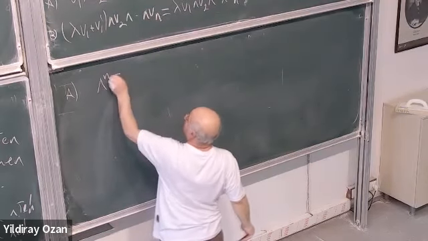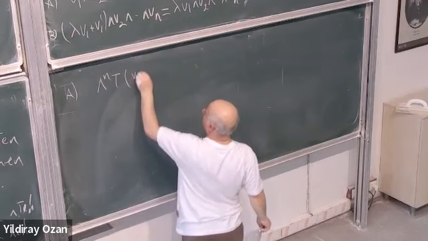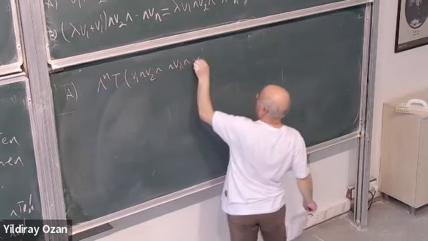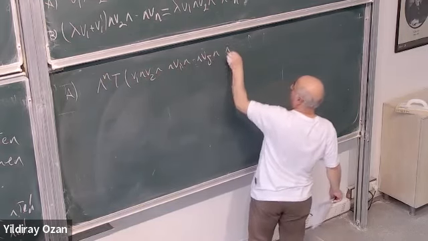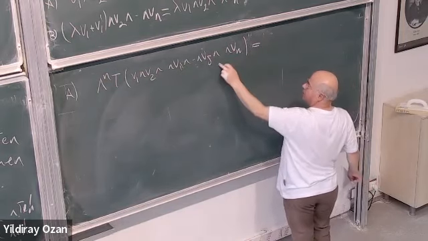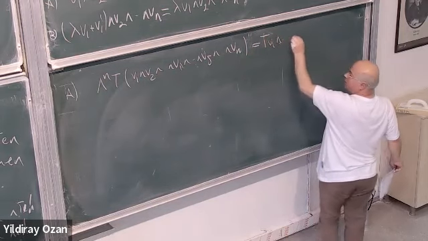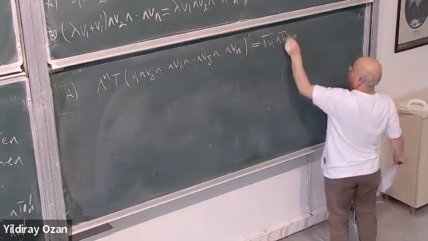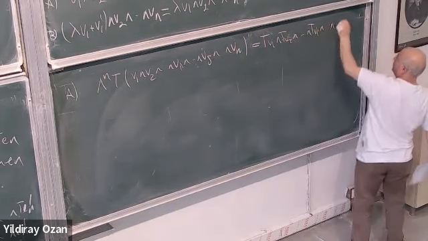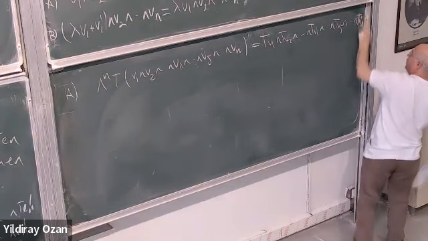Well, this gadget applied to this one, V1, V2, here I have Vi, and then I have Vj and Vn. What is the definition of this? It is defined to be this one, TV1 wedge TV2 wedge TVi wedge TVj wedge TVn.